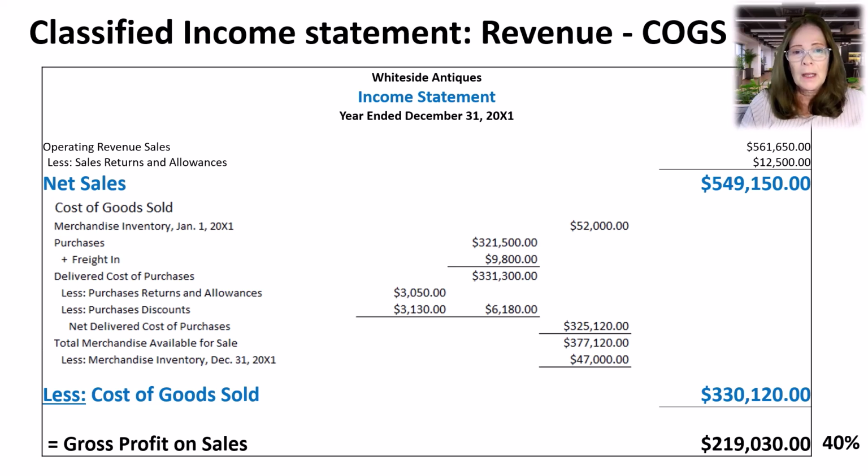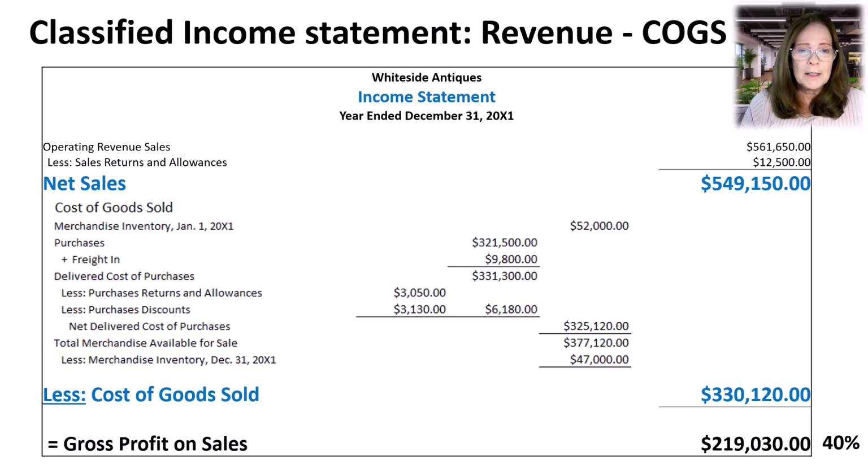The classified income statement starts with the operating revenue section, and in this section of the financial statements, we enter the revenue earned from normal or core business activities, less any sales returns and allowances, which is $549,150 for Whiteside Antiques. For a service business, operating revenue would be the service revenue that the company earns from providing services.